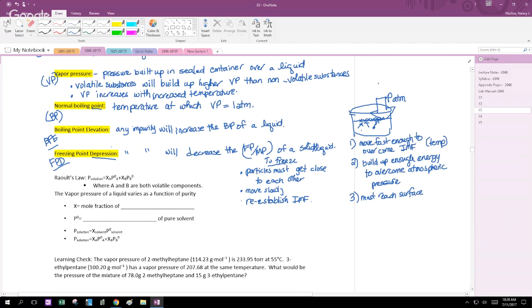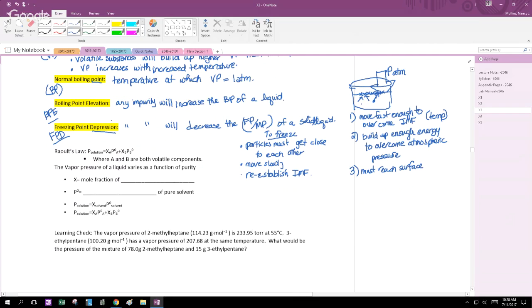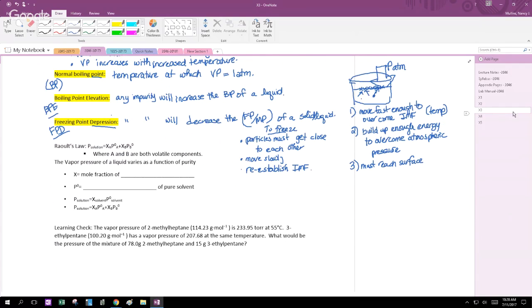So one of the first things that we track with colligative properties is Raoult's law. And Raoult's law says the vapor pressure of a solution varies as a function of its purity. Now, it depends on what's in it.